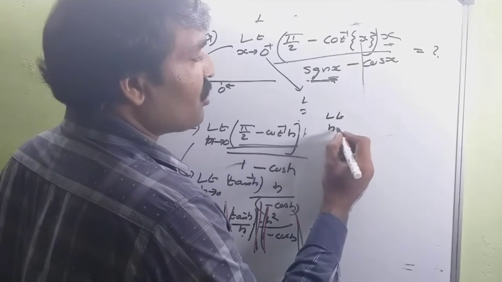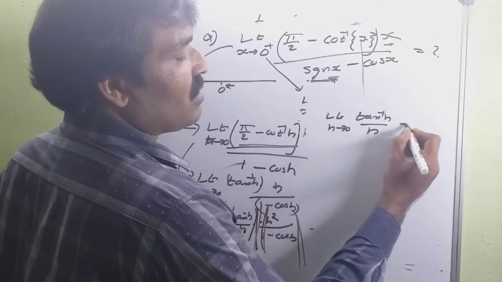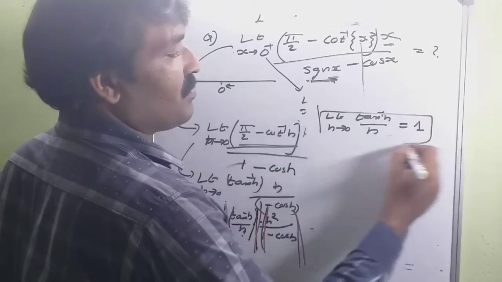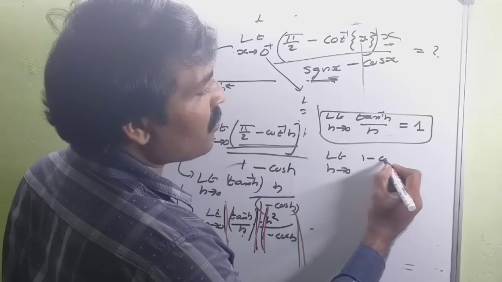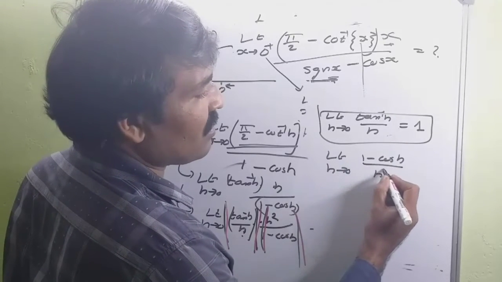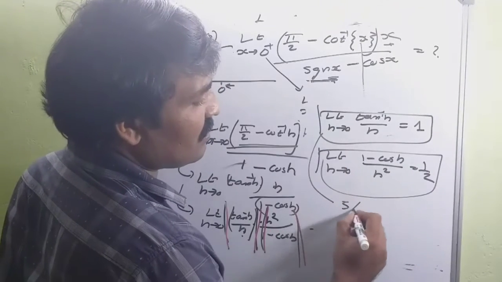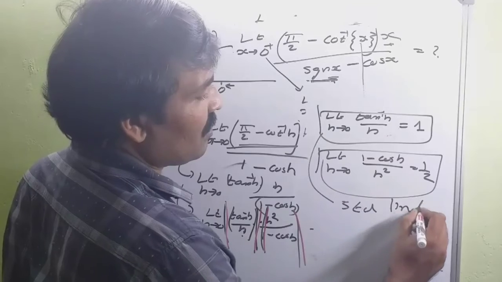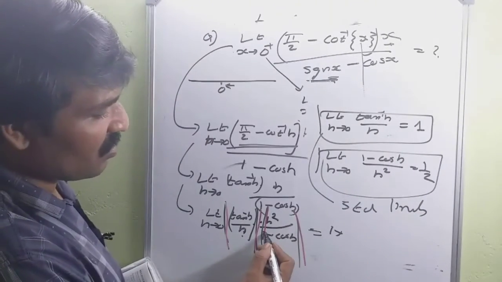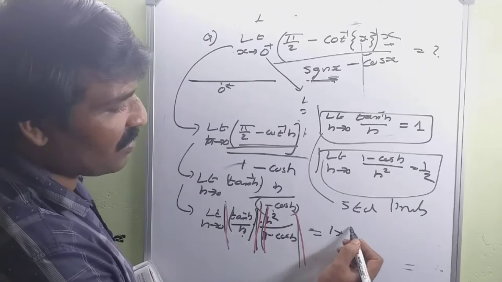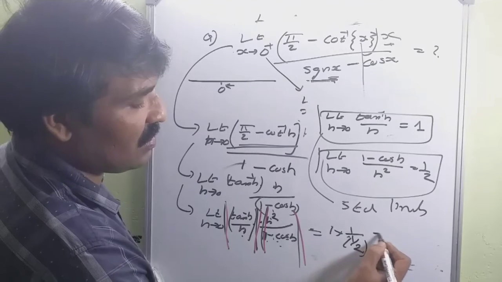Limit h tends to 0 of tan inverse h by h is equal to 1, a standard limit. And limit h tends to 0 of 1 minus cos h by h square is equal to 1 by 2, also a standard limit. So this expression is equal to 1 into 1 by 1 by 2, that is equal to 2.